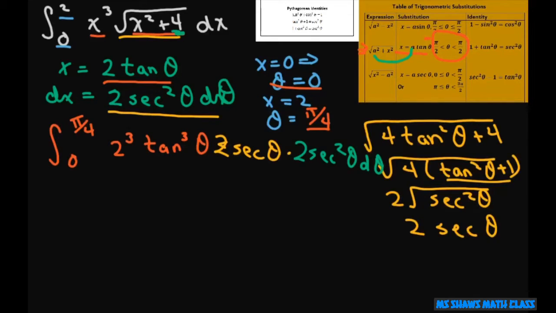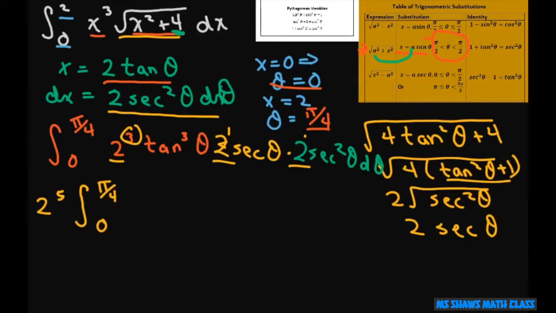All right. Now, simplifying this further, let's count this out. How many 2's do we have? We have 3 here, 1 here, and 1 here. So that's 2 to the 5th. Let's pull that out. And we're going to have pi over 4 to 0.